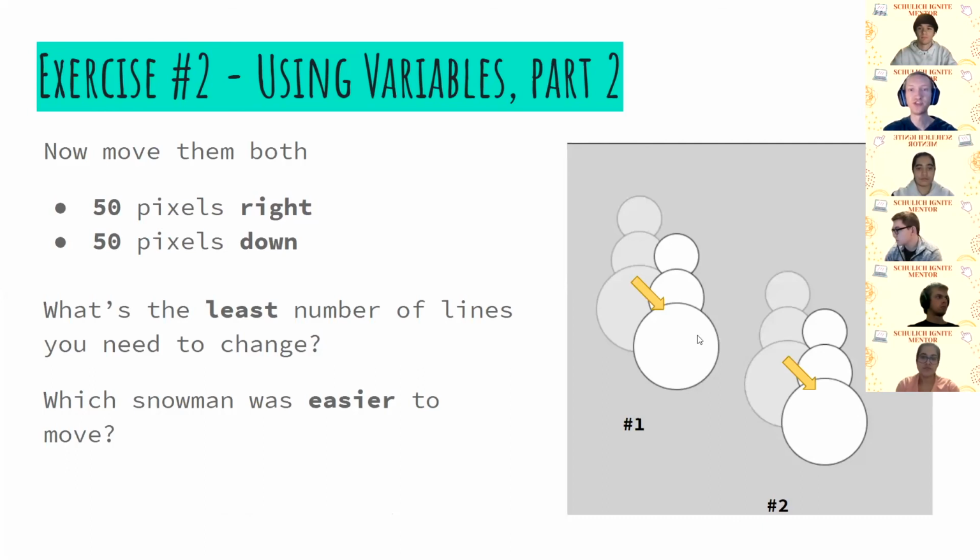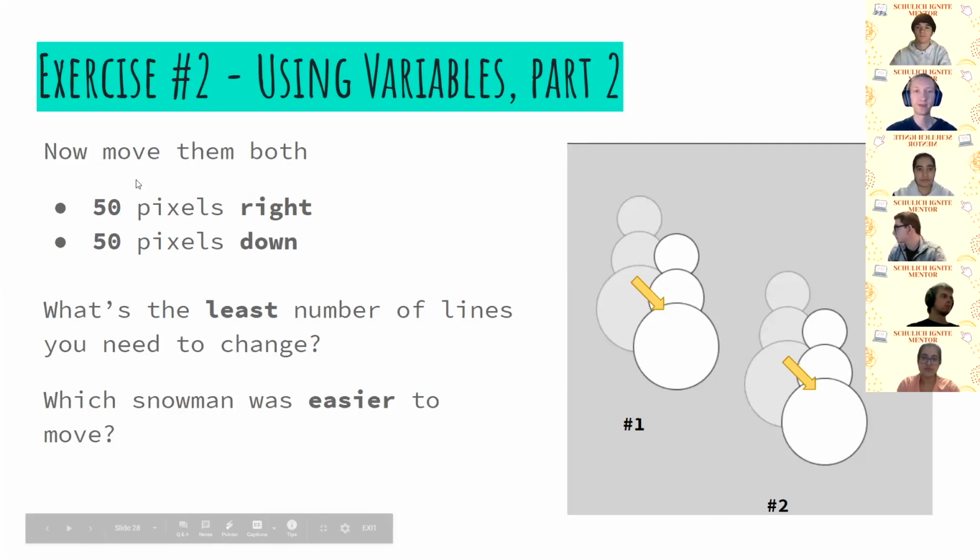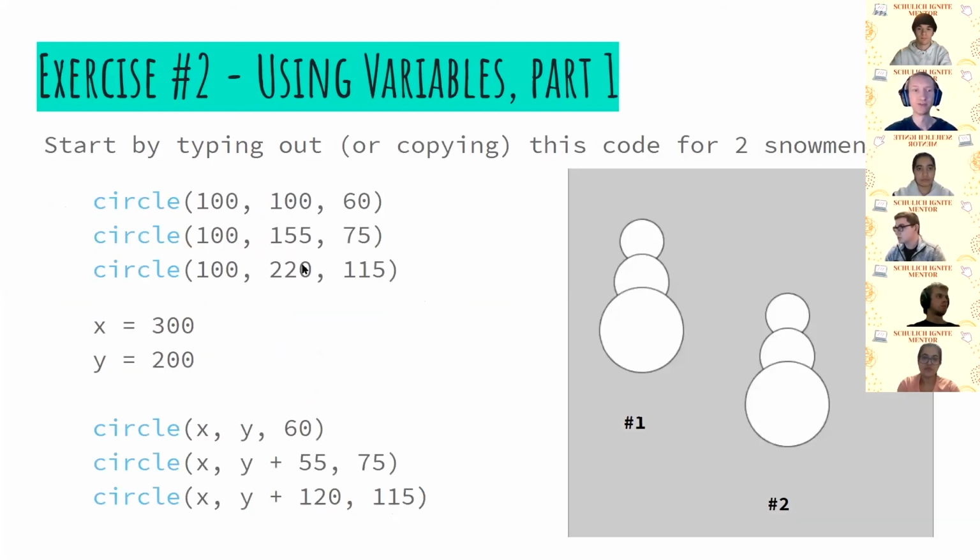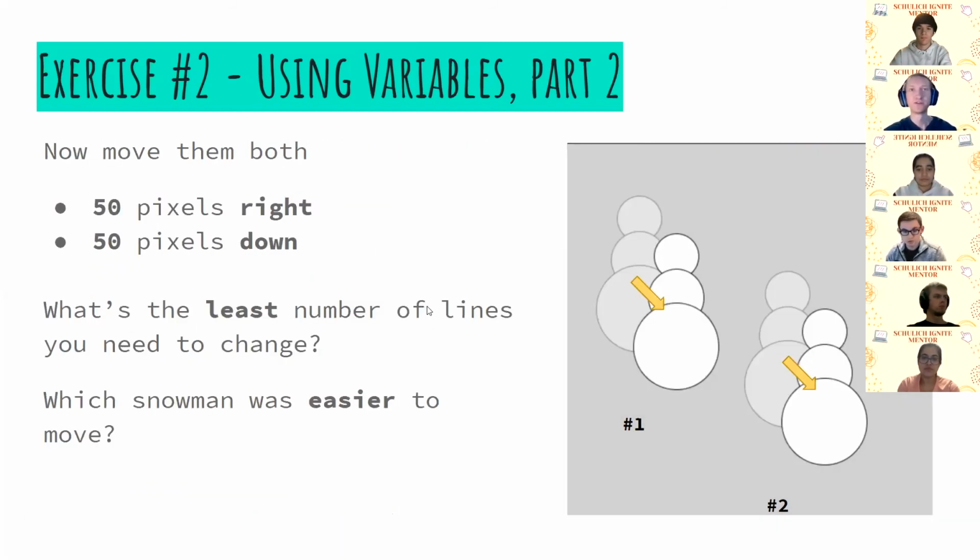You'll change your code so that both of the snowmen are moved 50 pixels right, 50 pixels down, and then have a look at which snowman it was easier to make that change to. We're going to put you into the breakout rooms to work on this. We're going to do about 8 minutes for that.